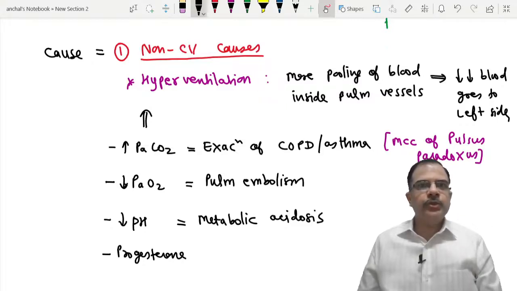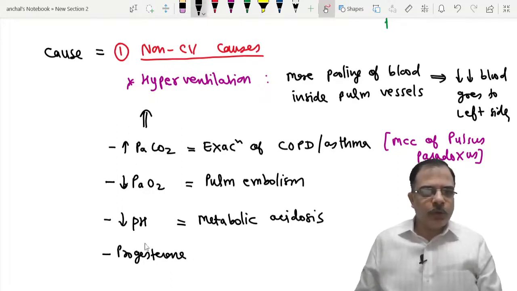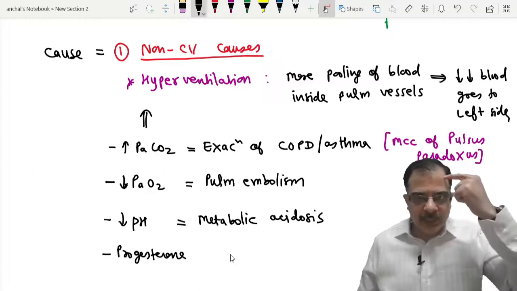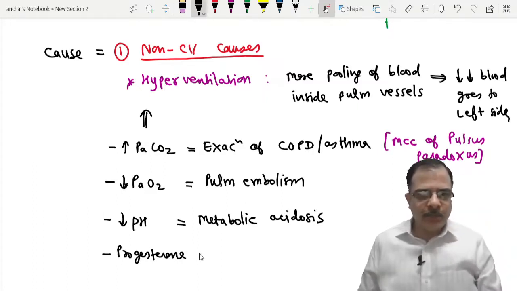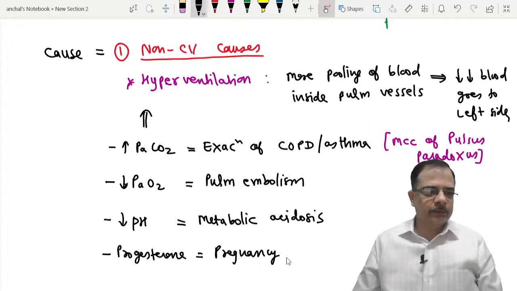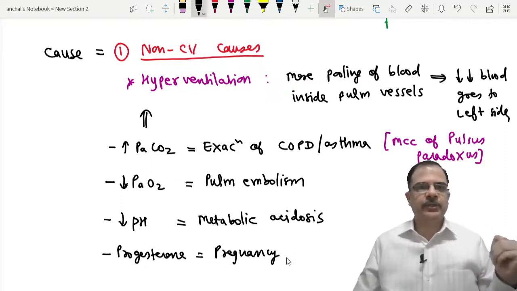You know that in metabolic acidosis the hyperventilation breathing is small breathing, all of you know. Progesterone directly stimulates the respiratory center. It is a property of progesterone, and progesterone is increased in pregnancy.